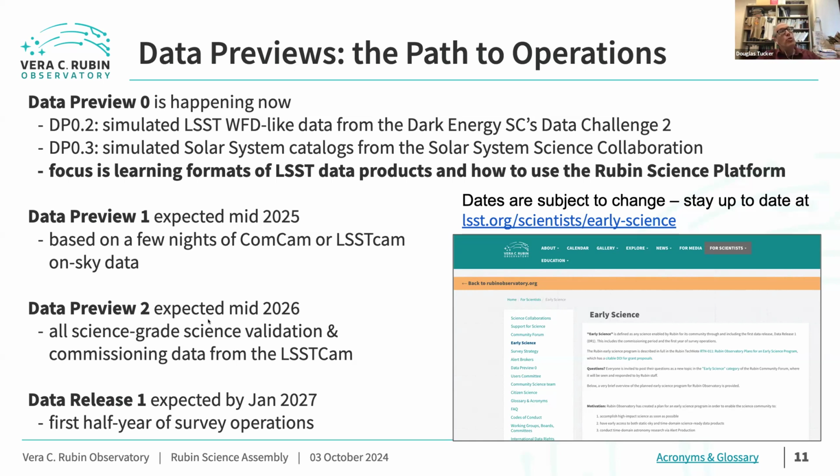Data Preview 2 is expected in mid-2026, and it's planned to contain all science-grade science validation and commissioning data from the main LSST camera. And Data Release 1 is expected around January 2027, and it'll contain the first half year of survey operations. Now, these dates are, of course, subject to change. And you can stay up to date by going to this website here.